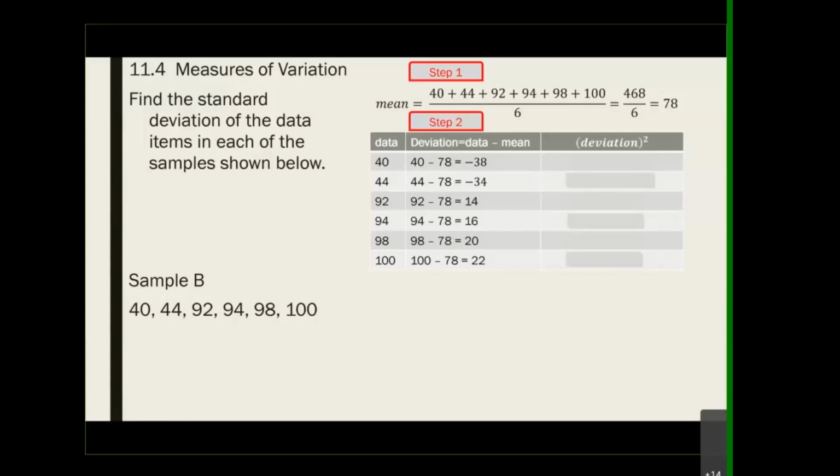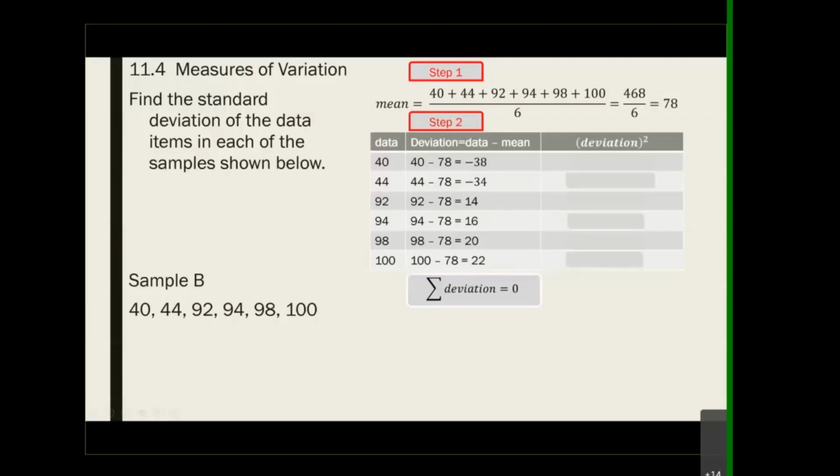So same idea, right? If you add negative 38 and negative 34, that would give you negative 72. If you add 14 and 16, that's 30. 30 plus 20, that's 50. And 50 plus 22 will give you 72.